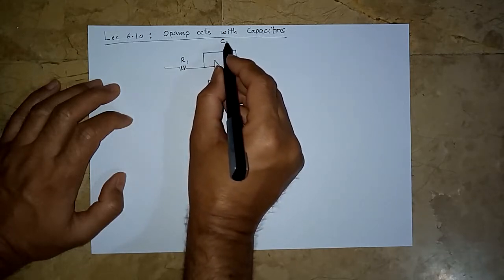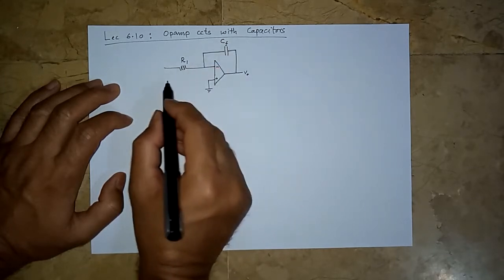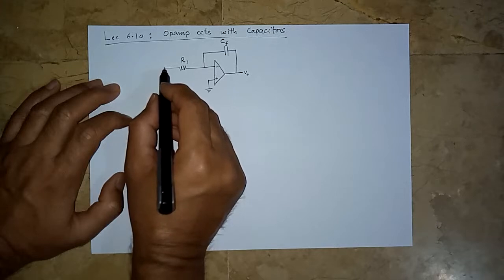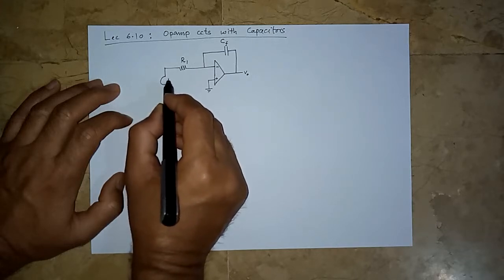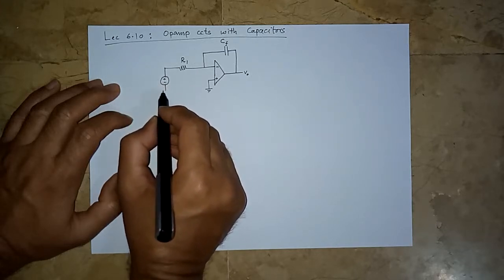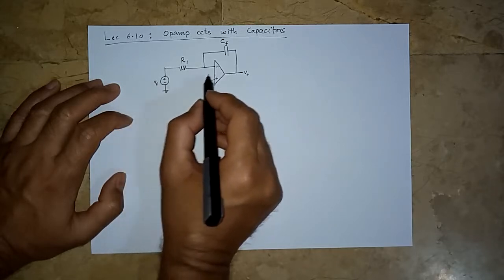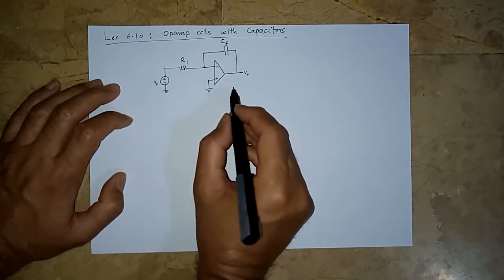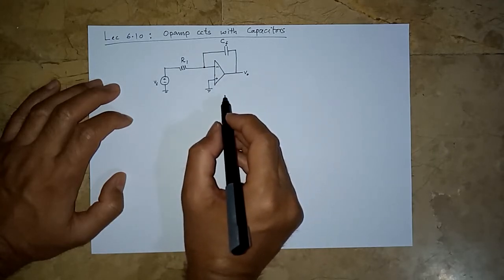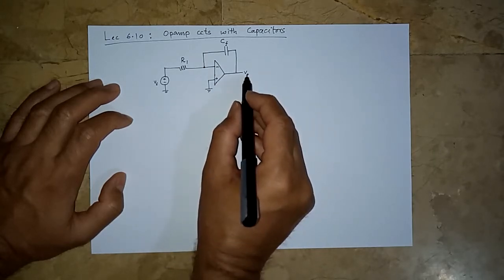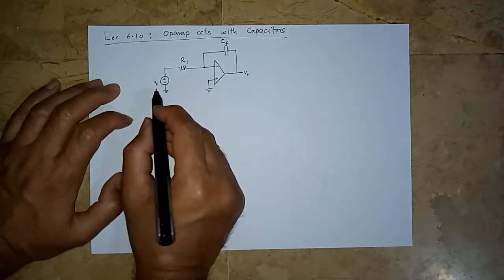This is a feedback capacitor, so let us denote it with CF, F for feedback. We have an input applied to this terminal, Vs, the source voltage, and that's it. This is the configuration.